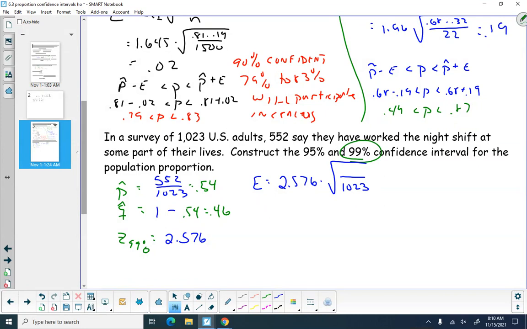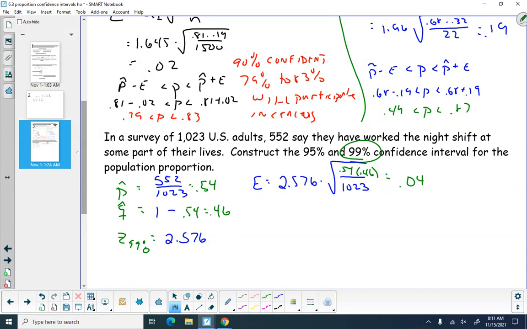So p hat is 0.54, q hat is 0.46. For a 99% confidence interval, we have 2.576. So we calculate an error. Cindy, what do you get for an error? 0.04.